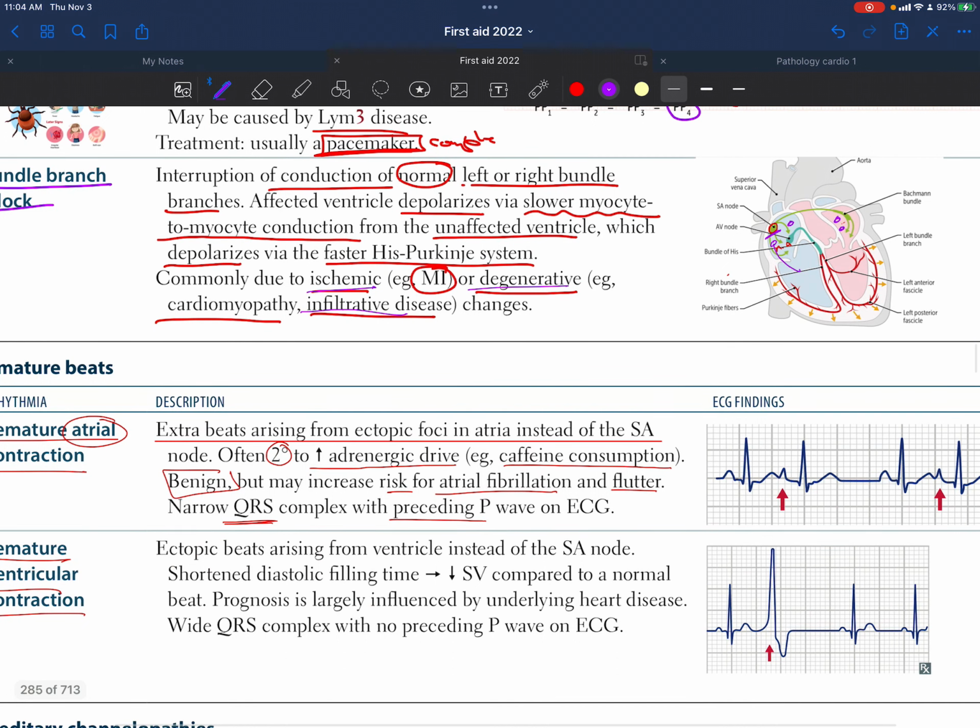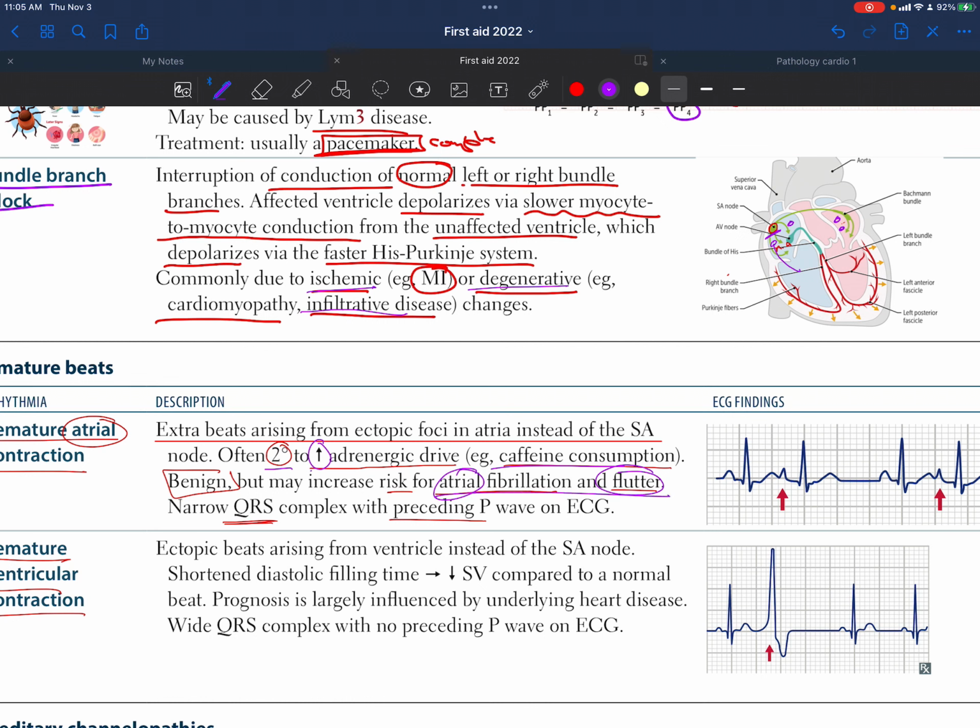This happens secondary to increased adrenergic drive, like in caffeine, as we said, and it is benign, but it may increase the susceptibility to atrial fibrillation and flutter, because we know that atrial fibrillation and flutter both happen in the atria.